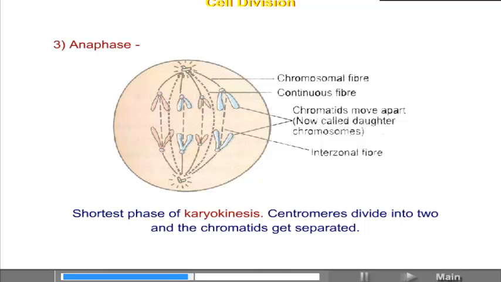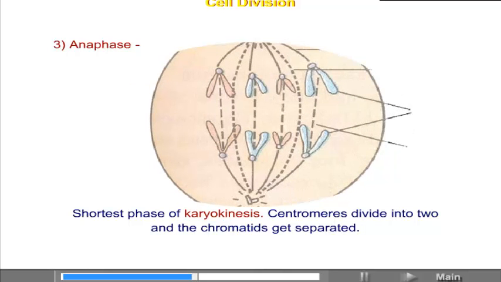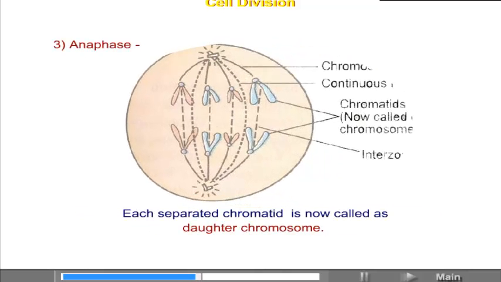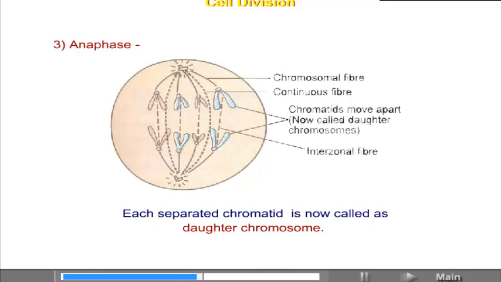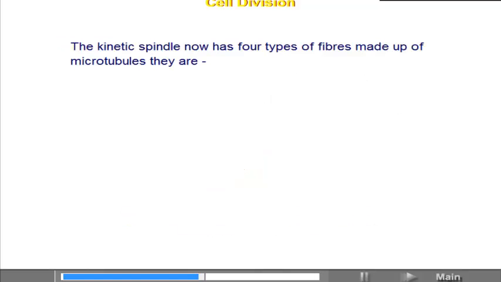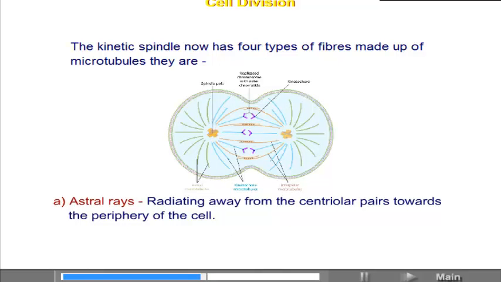Anaphase. Shortest phase of karyokinesis. Centromeres divide into two and the chromatids get separated. Each separated chromatid is now called a daughter chromosome. The kinetic spindle now has four types of fibers made up of microtubules.